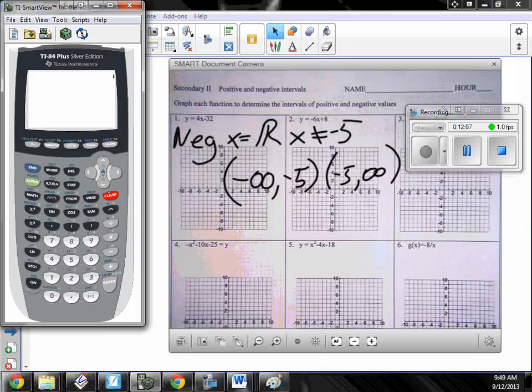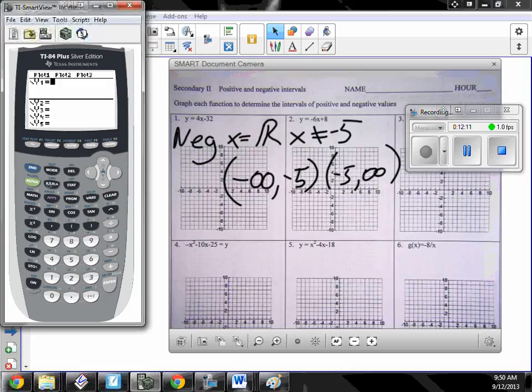Graph number 5. So x squared minus 4x minus 18. Do those roots look like integers? Do they look like whole numbers? Not really, so we better test them to see. So we'll find the left root and the right root.